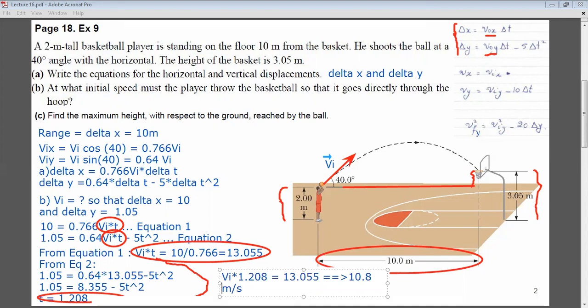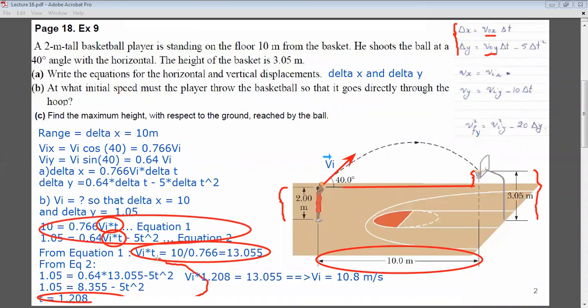So this implies the initial value. Okay, this is part B. How much is the initial v? So the trick was using these two pieces of information, delta X and delta Y, because he gave me delta X and delta Y. So I just put, instead of V initial X, its value.